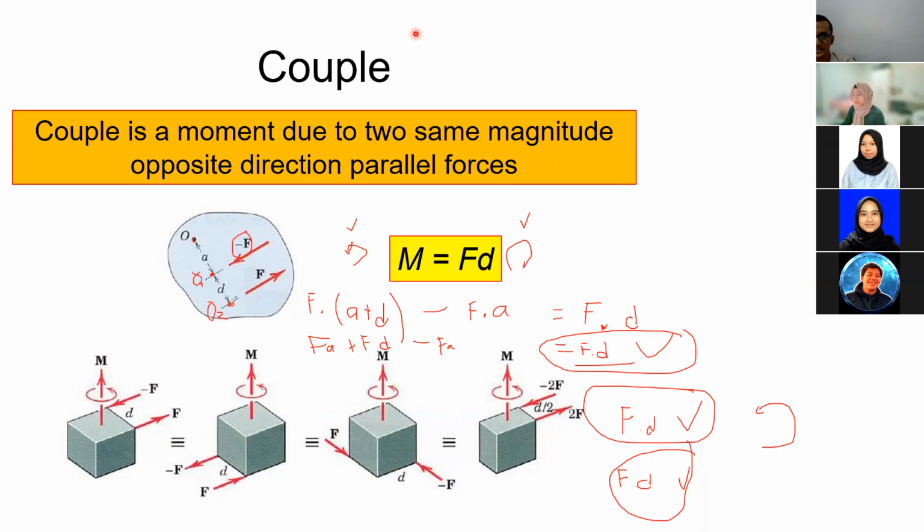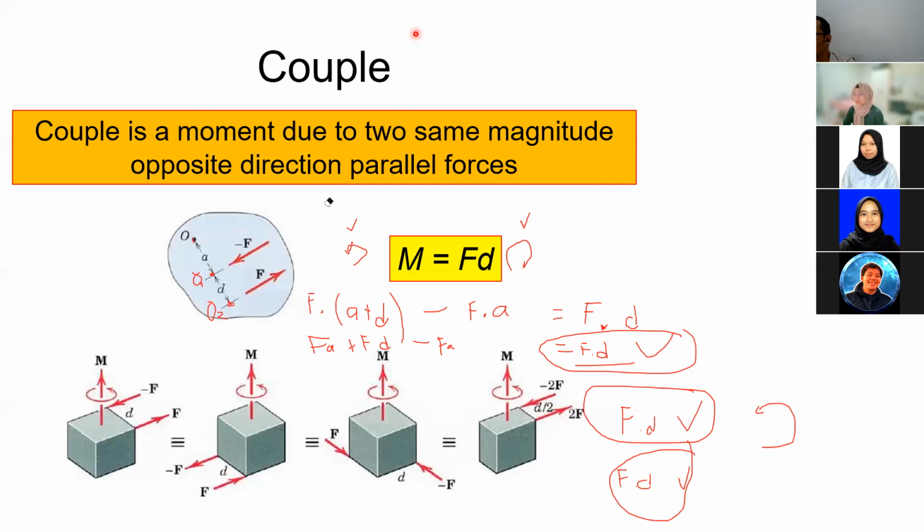So basically, if we are talking about a couple like this, wherever the center of rotation is, the moment which is caused by both forces will be exactly the same. That is what's special about couple. Do you understand?